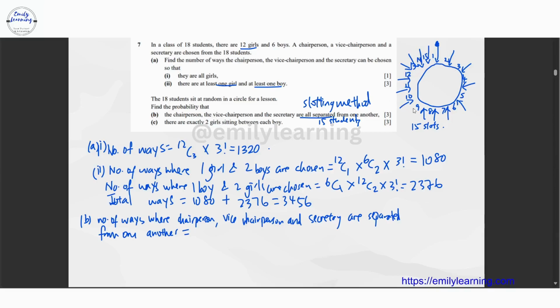So to sit these 15 students in a circle, the number of ways will be 15 minus 1 factorial.